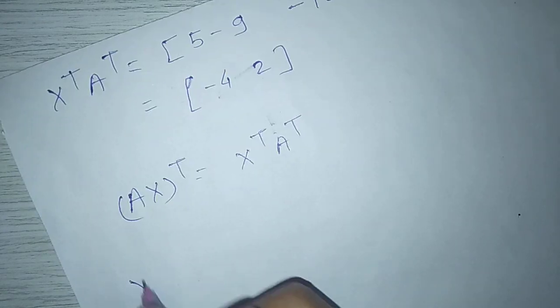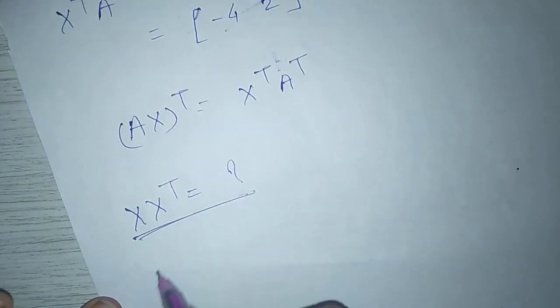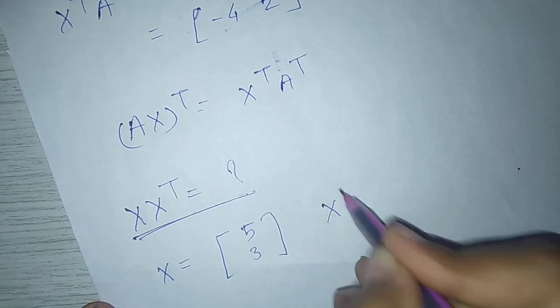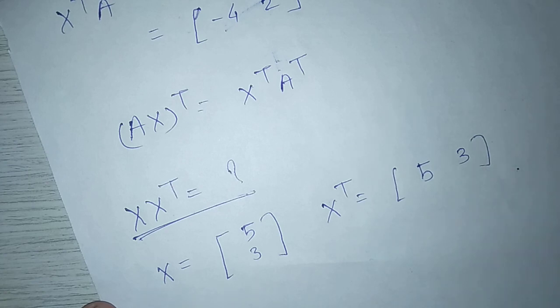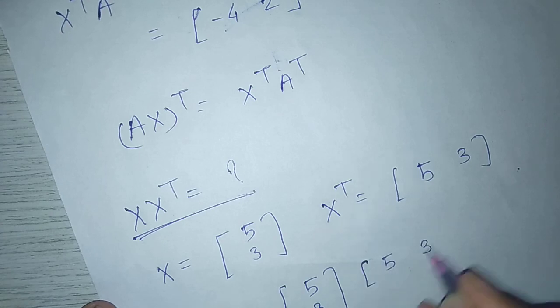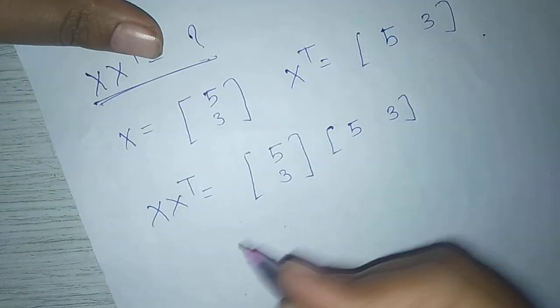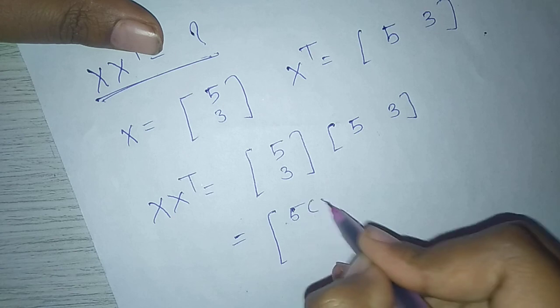Next x into x transpose, calculate. x is 5, 3 and x transpose is 5, 3. Then x into x transpose equal to 5, 3 times 5, 3. We get 5 into 5.